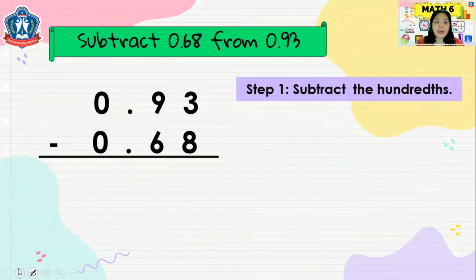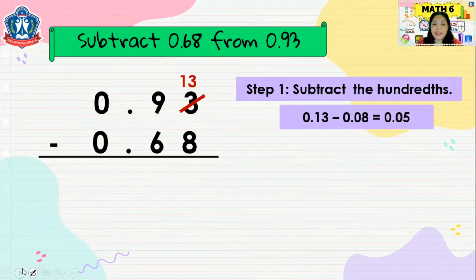So let's subtract 8 from 3. So we will rename, or we will get 1 from 0.9, or this is 0.1. We add with 0.3, that is equal to 0.13.